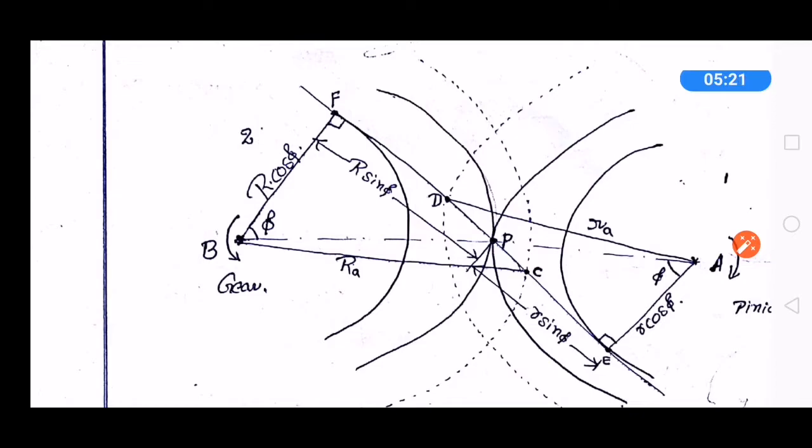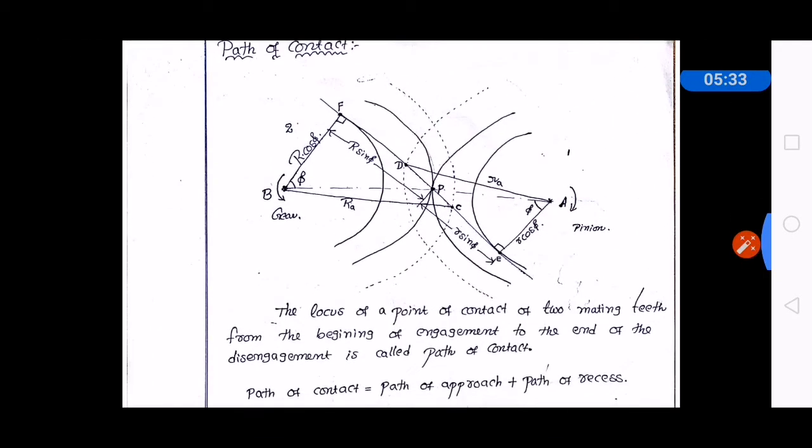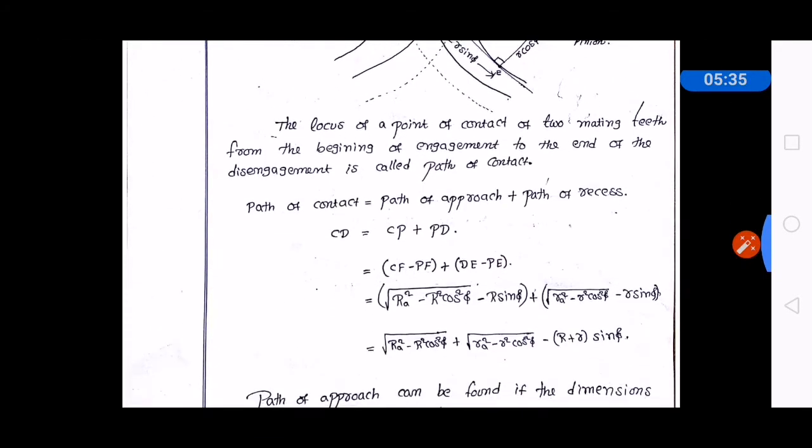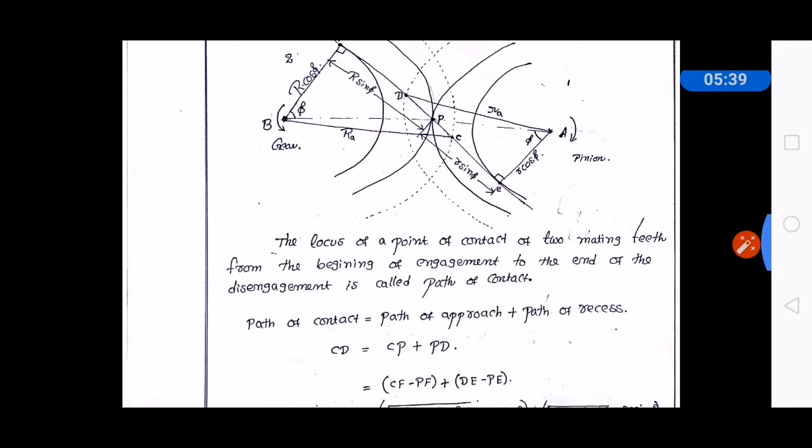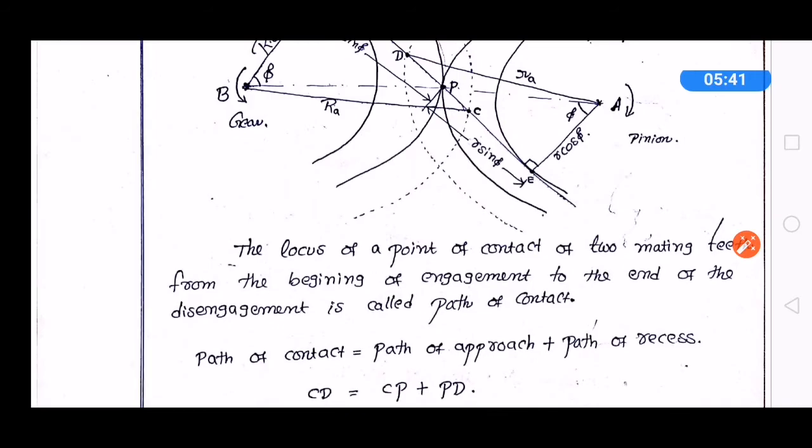We have to write in terms of the sides of the triangles. If we write in terms of the sides of the triangle, then we can easily write in terms of the radii. That's why I am writing CP as CF minus PF and PD as DE minus PE.